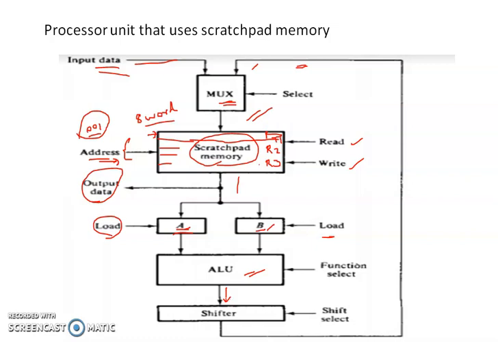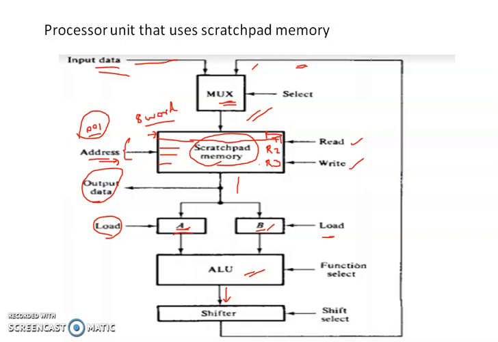So here, with the help of the shifter, the output will be finally available in the bus, and from the bus, the multiplexer will be choosing the data from the bus instead of from the input data or any other input line.